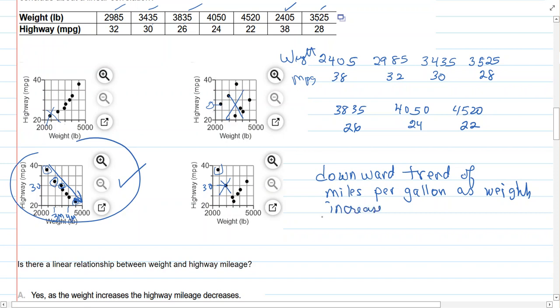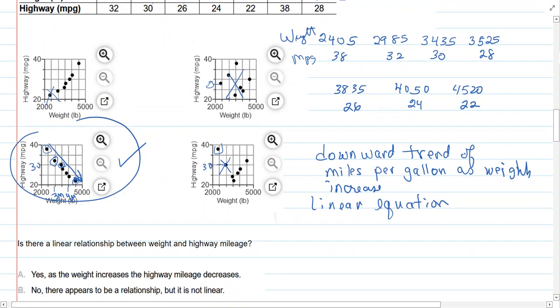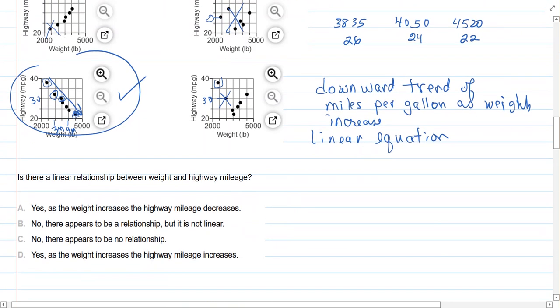So we have a linear equation that could fit. We could draw a line. And is there a linear equation? The answer is yes. Now we have two yeses.